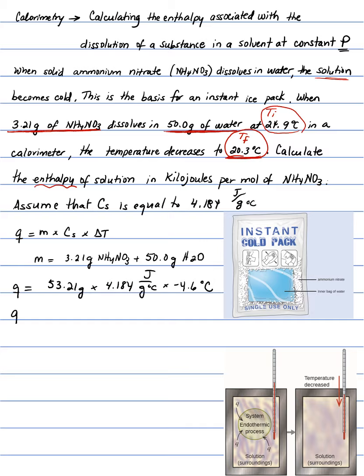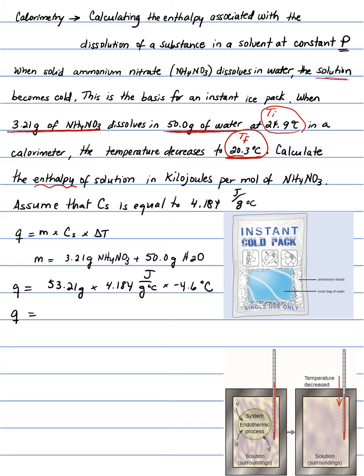So we're calculating here the heat of the solution. 53.21 times 4.184. Since the temperature is decreasing, right? You have the final 20.3, the initial was 24.9. You have a negative change in temperature, negative 4.6.